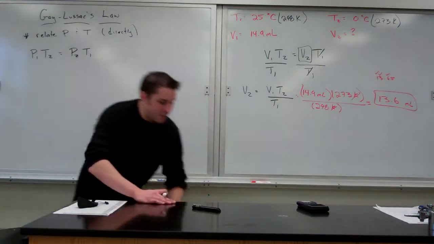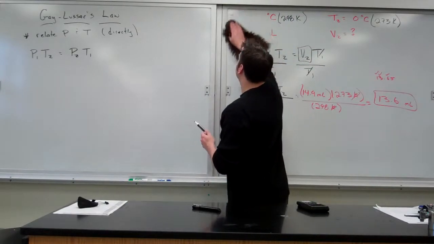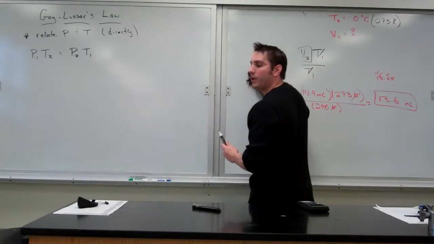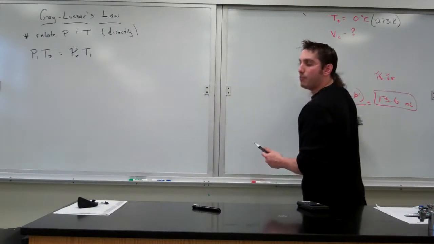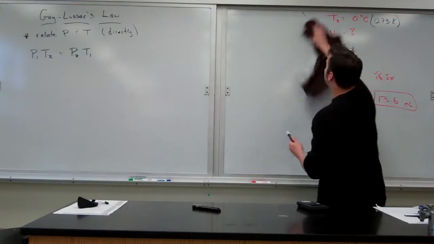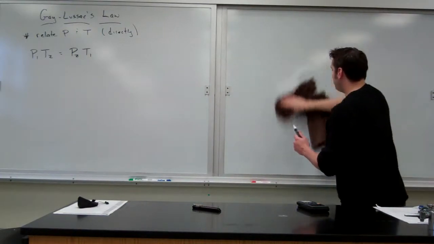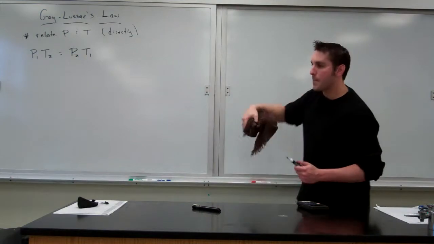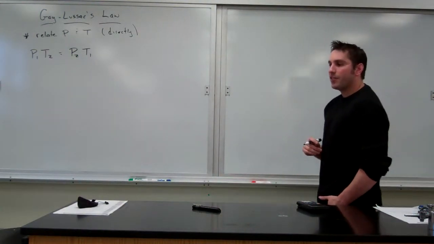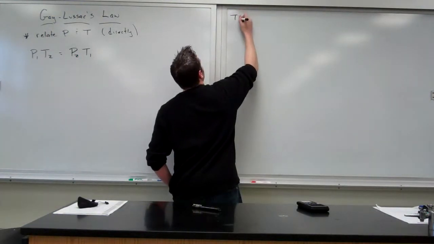Let's take a look at some examples of this. First one says, what is the final pressure of a gas if it has an initial temperature of 31.5 degrees Celsius at a pressure of 0.920 atm, and the temperature is raised to 59 degrees Celsius? Let's use our system. First number I see is 31.5 degrees Celsius. Degrees Celsius is a temperature.